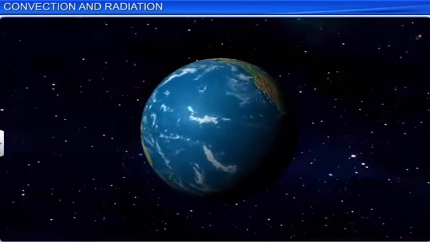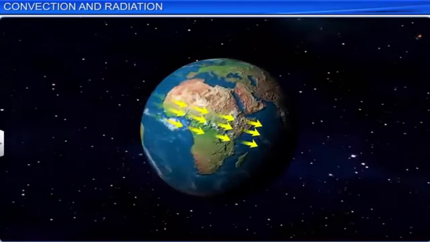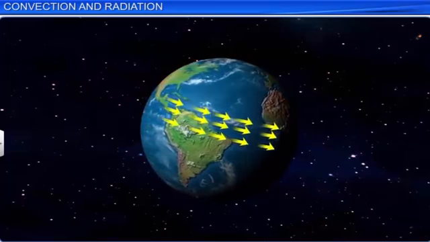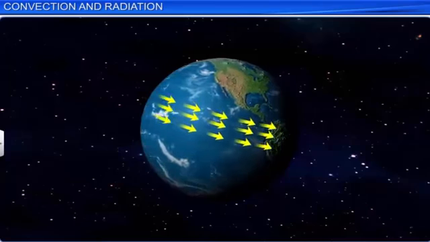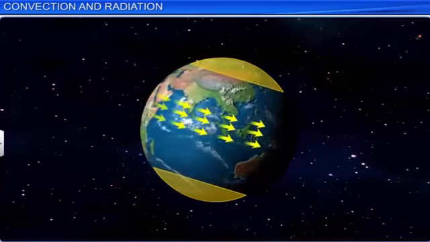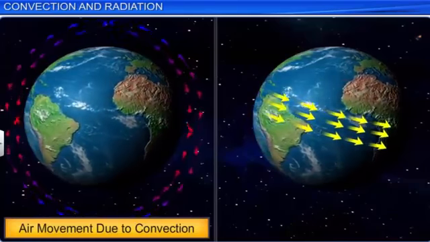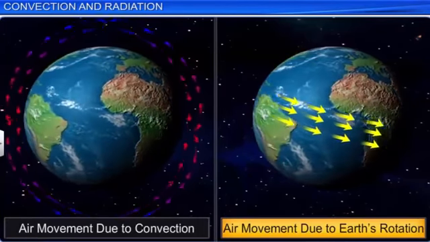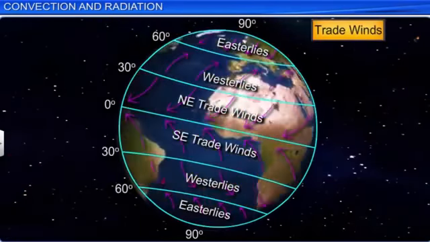But because of the Earth's rotation, air at the equatorial region moves with a speed of 1,600 km per hour in the eastward direction, whereas the speed of these winds is almost zero at the poles. These two movements of air, one because of convection and the other because of the Earth's rotation, result in trade winds.